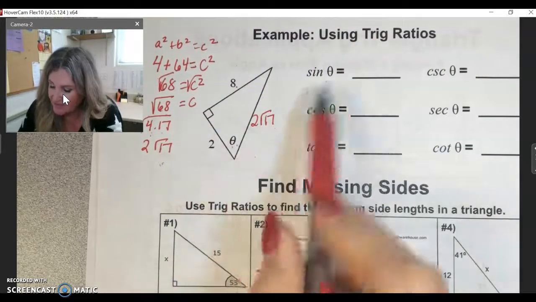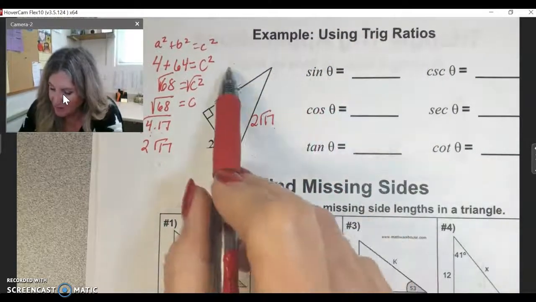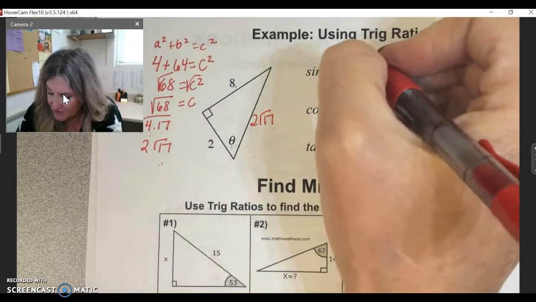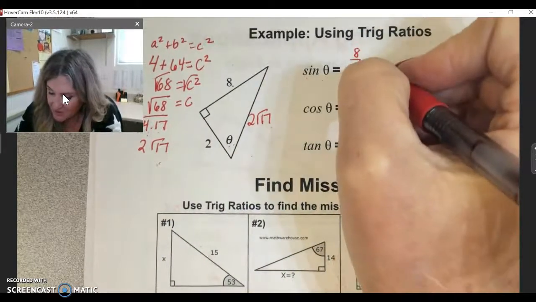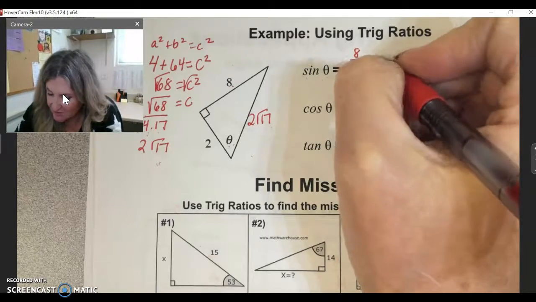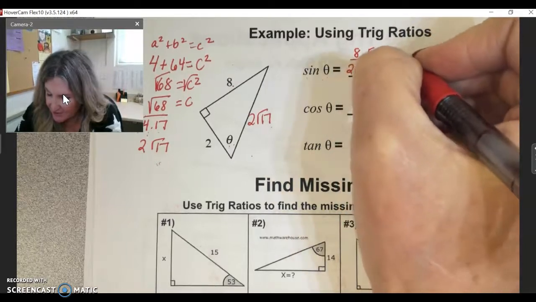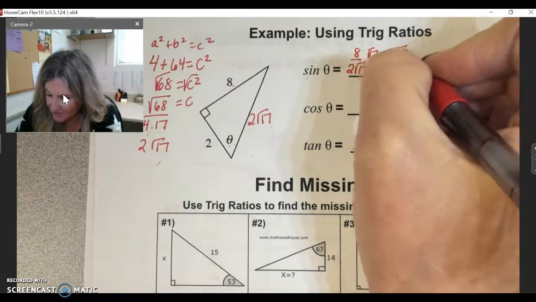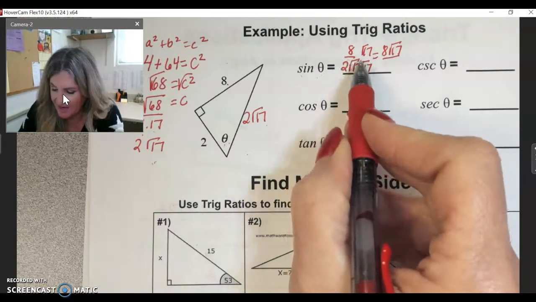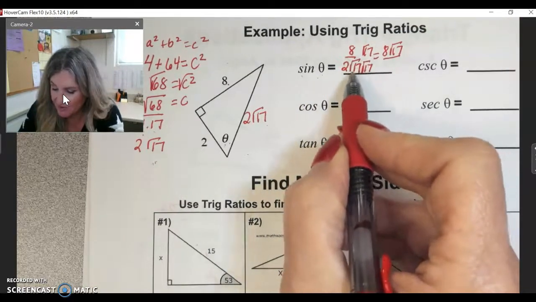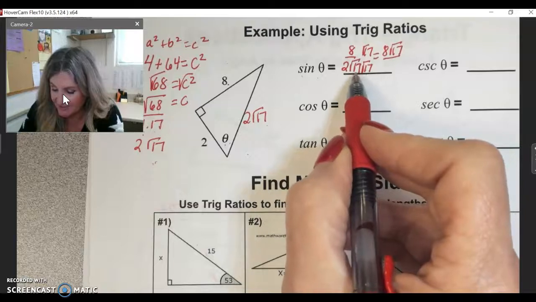Now if I want to find the sine of theta, I can do opposite over hypotenuse. Then I have to rationalize it, so I'm going to multiply by radical 17 over radical 17. That's 8 radical 17 over 17 times 17. Anytime I have those matching radicals, they cancel out and just become 17.